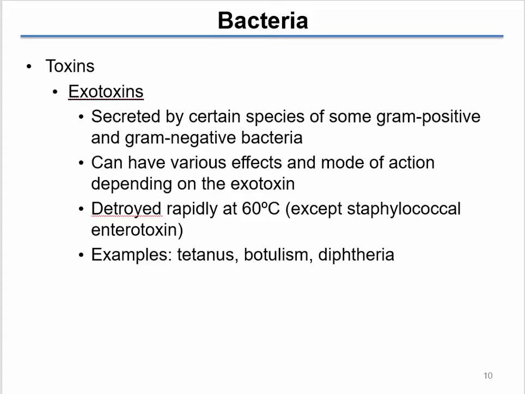Some examples of exotoxins that are important to humans are tetanus, botulism toxin, and diphtheria. You don't actually get sick because of the infection of the bacteria. You get sick because of the toxins that are being secreted by these bacteria.